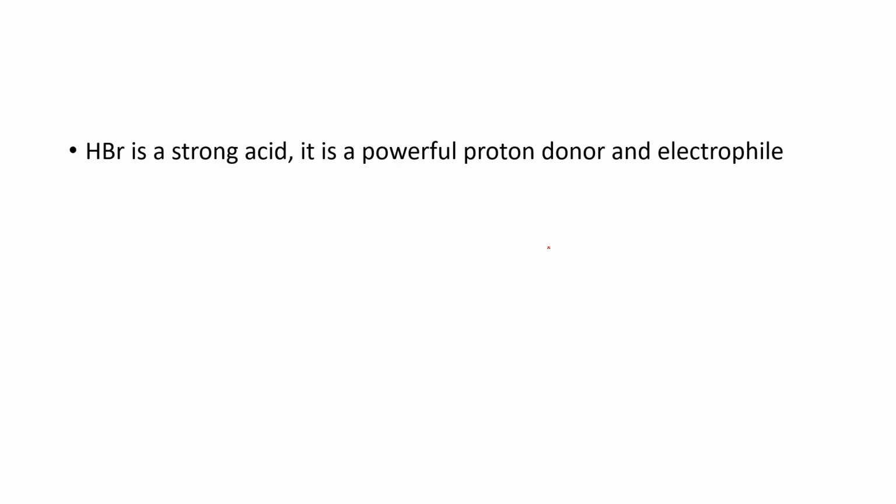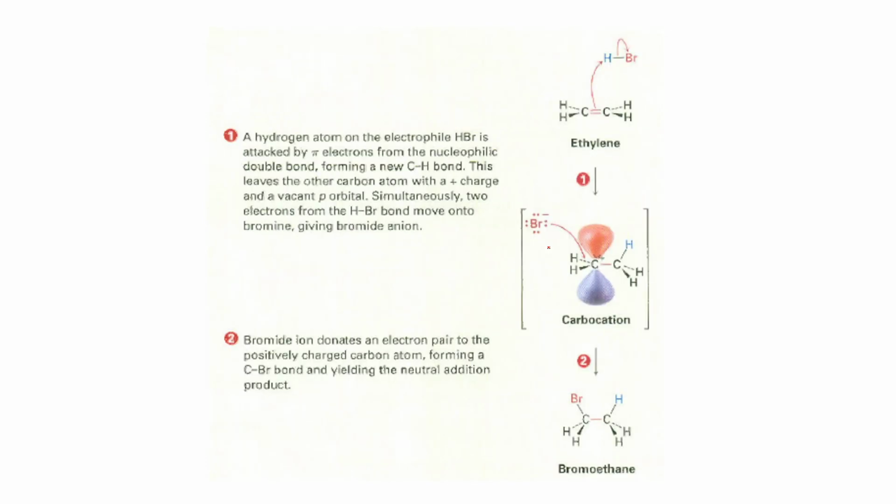Hydrobromic acid is a strong acid. It is a powerful proton donor and an electrophile. So this is the mechanism of the reaction. What happens first is that carbon-carbon is relatively neutral in nature. However, due to the nature of the pi bond, it is slightly negative because it is rich in electrons. The double bond is reactive, so it will react with hydrobromic acid.